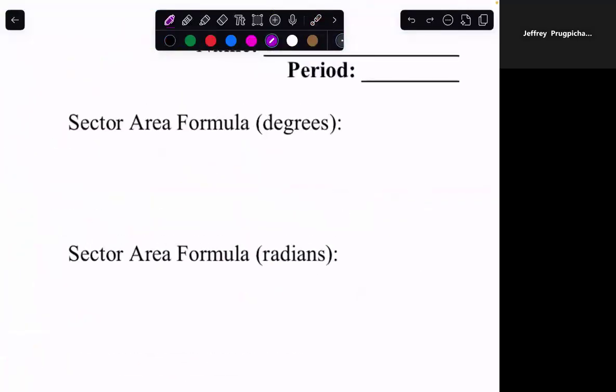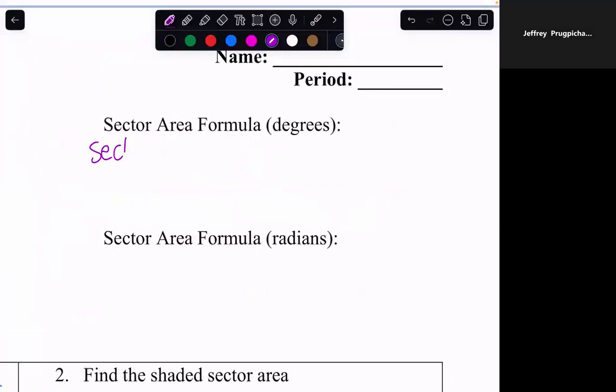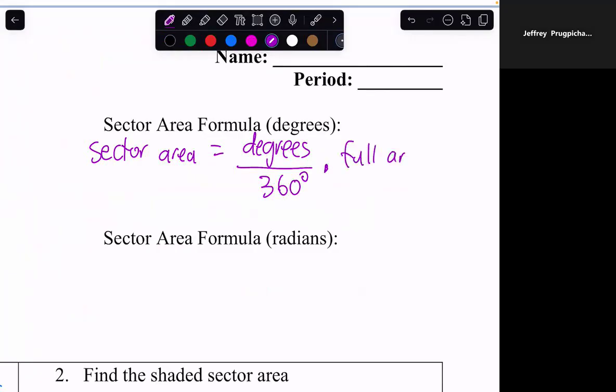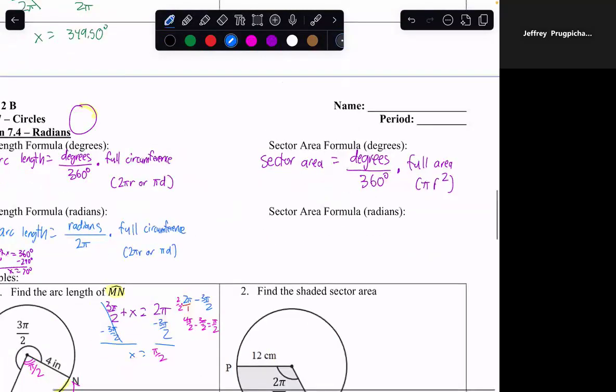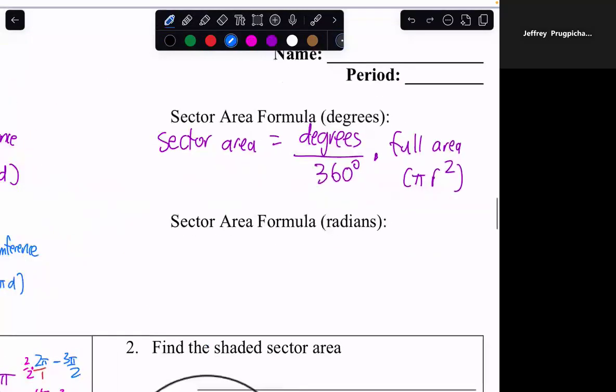So what we learned last class is that to find the sector area, you take the degrees out of a full 360 degrees times the full area, which is pi r squared. So you should be able to predict the radian version.